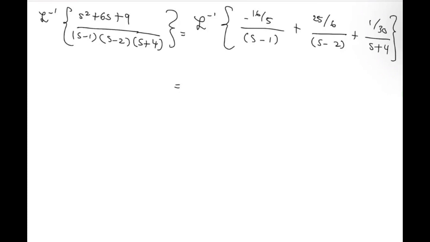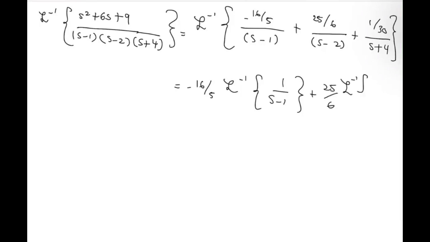Then by using the linearity, minus 16 over 5, I can put outside. So I will have 1 over S minus 1. Same with 25 over 6, I can put outside. So I will have 1 over S minus 2. And lastly, 1 over 30, we can put outside. So here will be 1 over S plus 4.